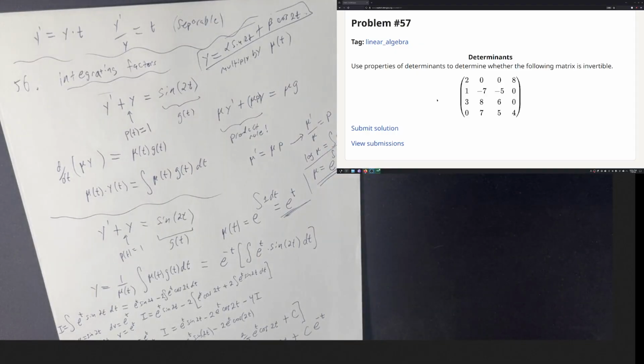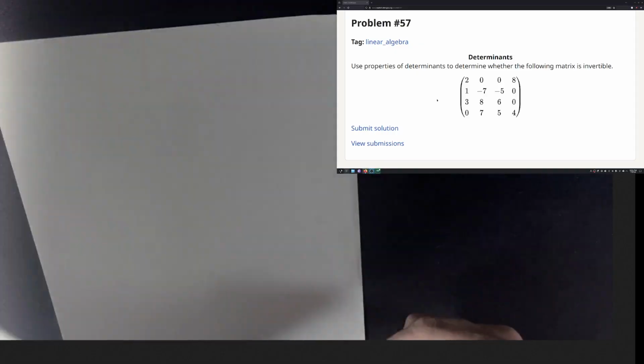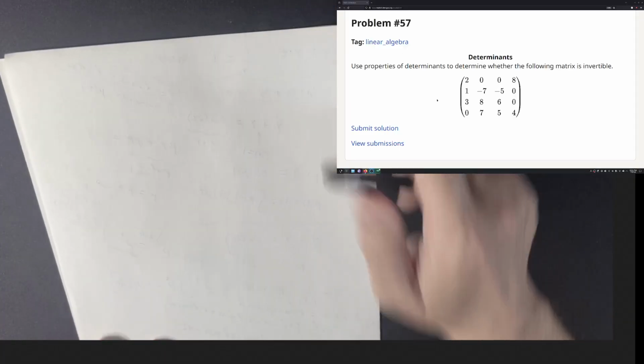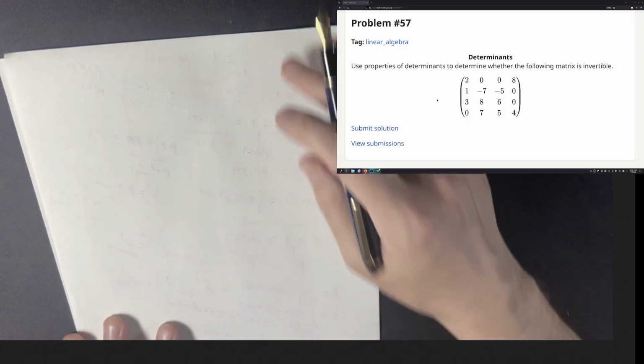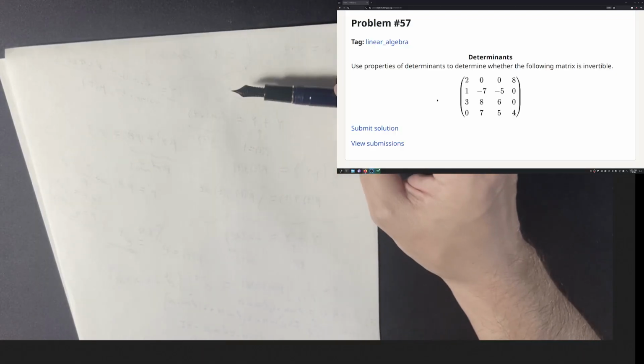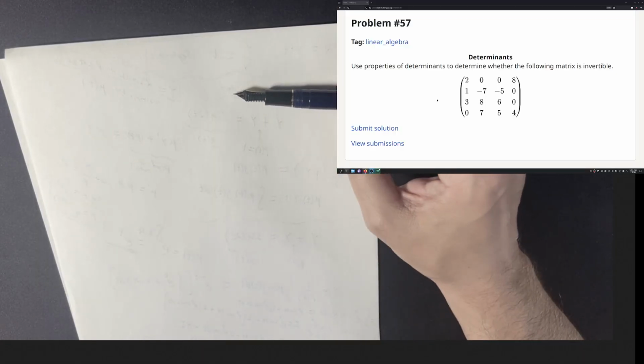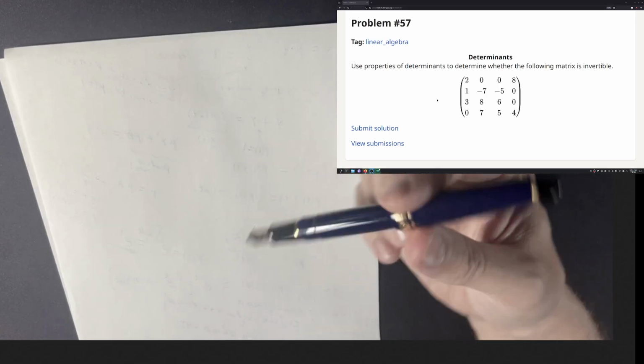This one's not too scary. But on the other hand, you do have to remember what changes when you take a determinant. Like what can you do? And I'm always fuzzy on that.